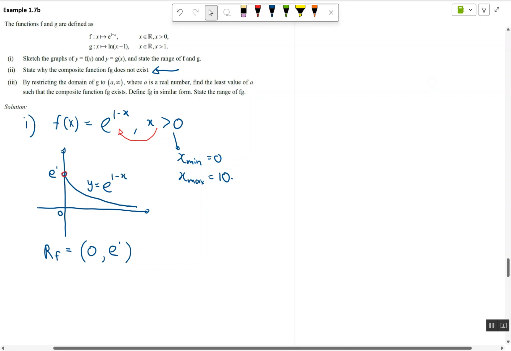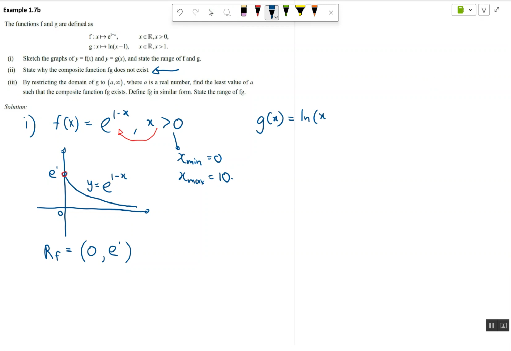For part 2, or rather still at part 1, I'm talking about g(x), which is equal to ln of (x minus 1), where x is strictly greater than 1. If you plot it out on a GC, the GC will not show you the asymptote. So you have to know that the asymptote of an ln graph depends on this, because you can't take ln of 0.